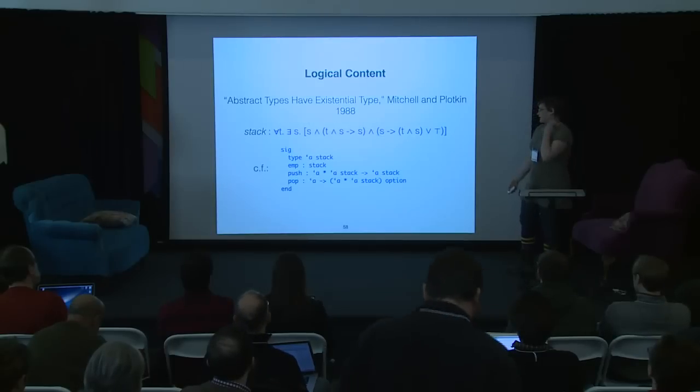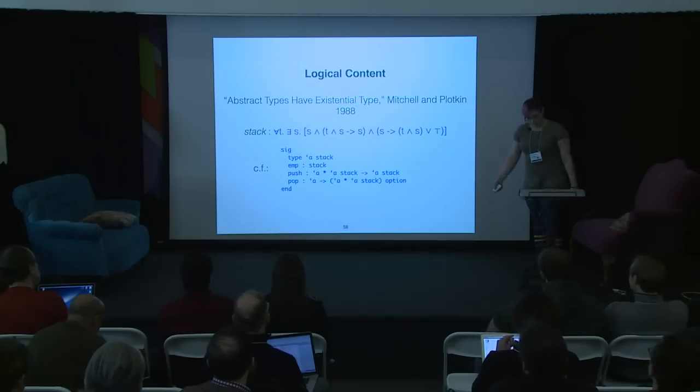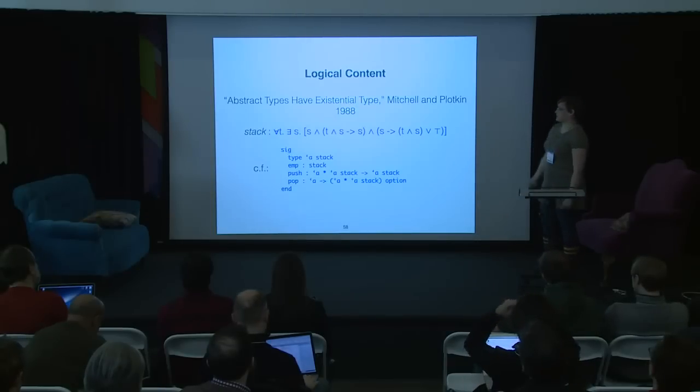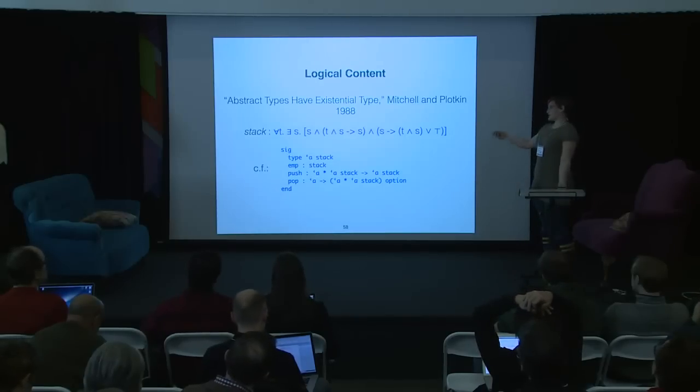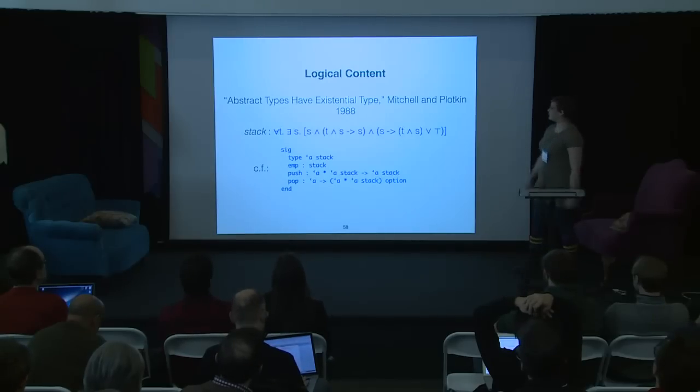To look at that a little more up close, these ideas were first written about, I think, in the paper Abstract Types Have Existential Type by Mitchell and Plotkin. One of their core examples in the paper is actually a stack, and I did the stack example before looking that up, so that was cool.